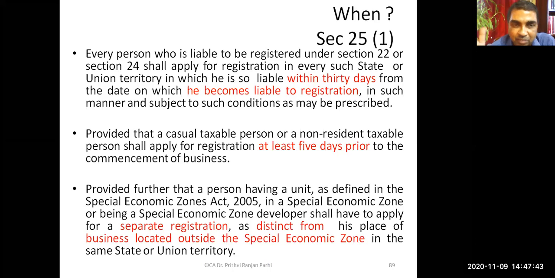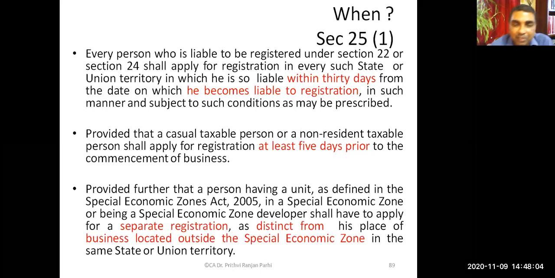That's the normal provision. And a casual taxable person and a non-resident taxable person need to get themselves registered at least 5 days prior to the commencement of the business. So these two categories of persons need to get themselves registered.